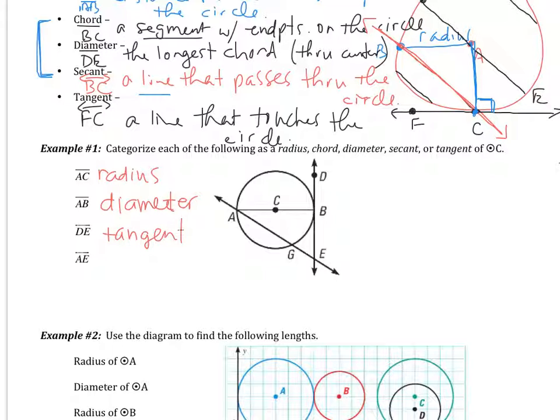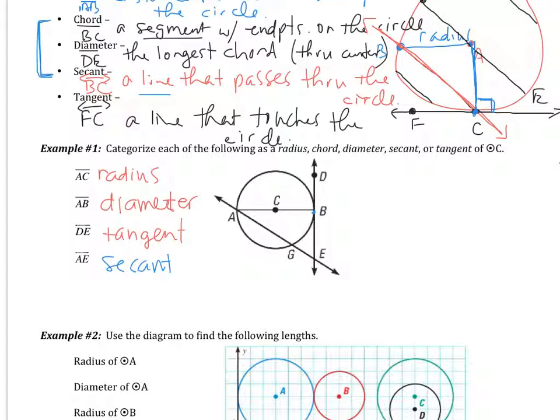And then make sure you understand point of tangency would be B. That's where it touches the circle. And then what's AE with the arrows? Secant. That's a secant. Questions on those? So that's one of the keys for today. You got to be able to understand your vocab and identify different things.